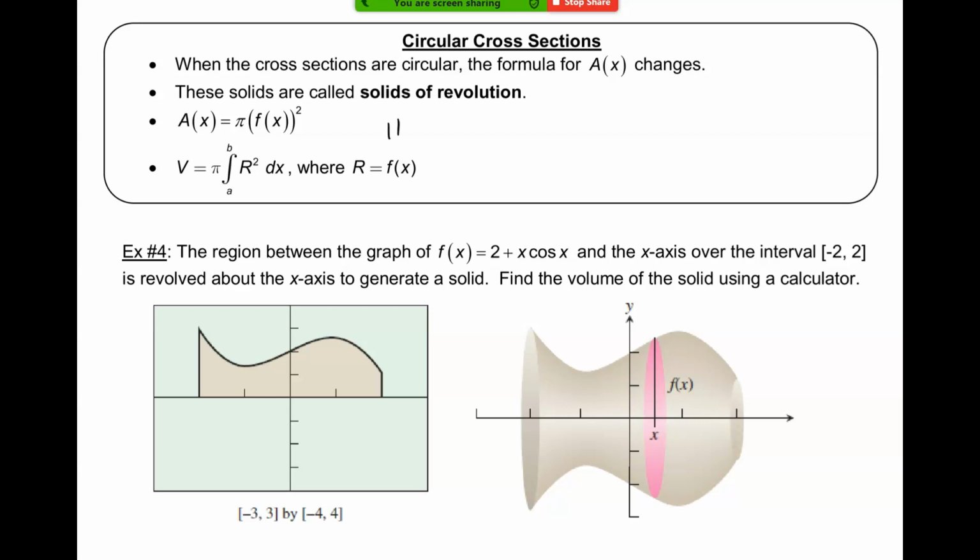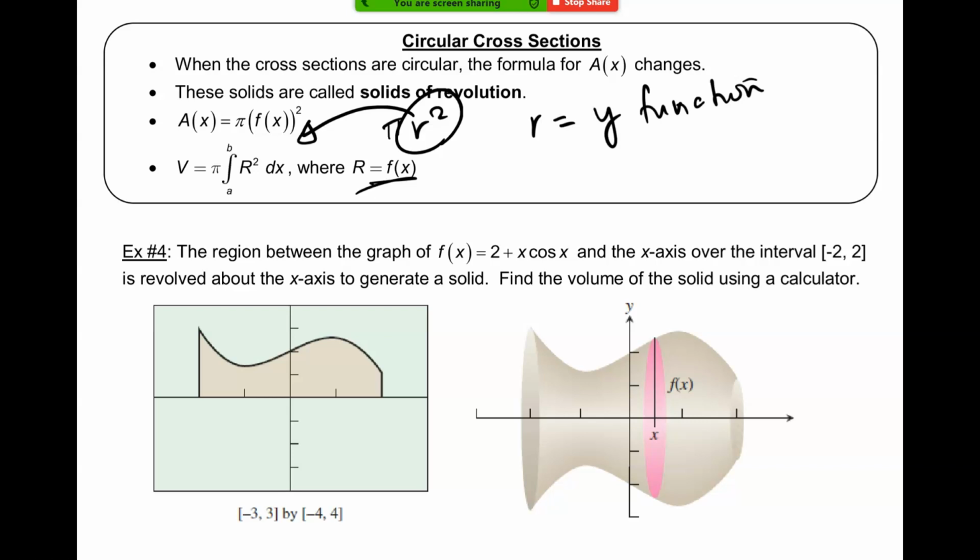So normally area is pi r squared, where our radius here is going to be our y function. So our volume is just going to be pi times the integral from a to b, from where we start to end, of the radius squared dx, where the radius is our function.